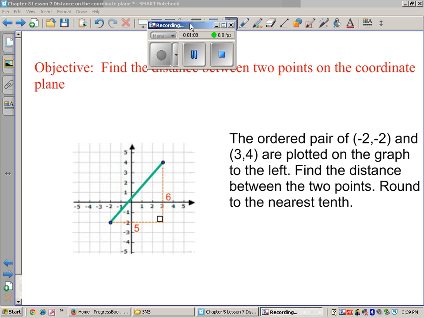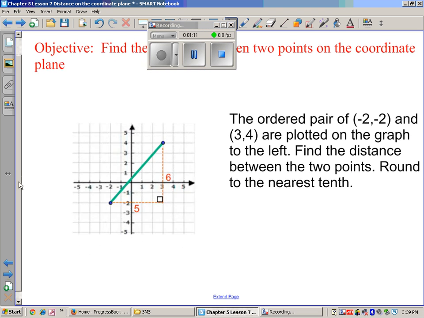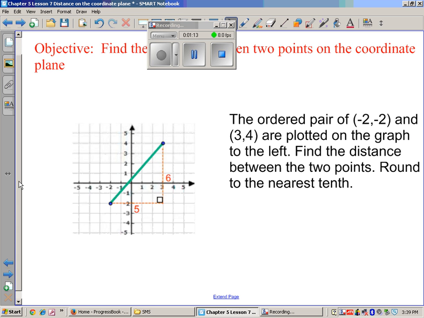So we can find the distance between (-2, -2) and (3, 4) by the Pythagorean theorem. Once again, our Pythagorean theorem was a squared plus b squared equals c squared.